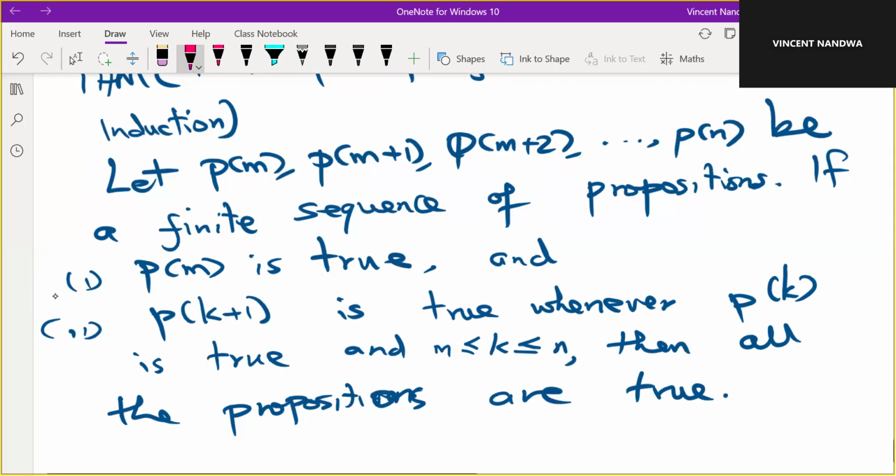So similarly, the first one is still the basis step. This is basis step. And then these two combined, we call it inductive step.